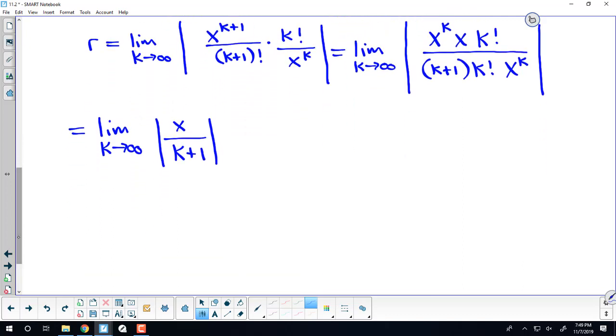The limit operates on k plus 1, k going to infinity. That expression for k is always positive. So we have the limit as k approaches infinity of the absolute value of x times 1 over k plus 1.